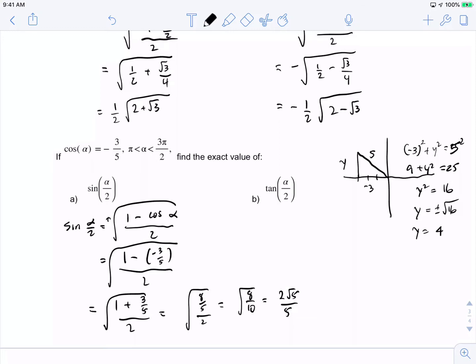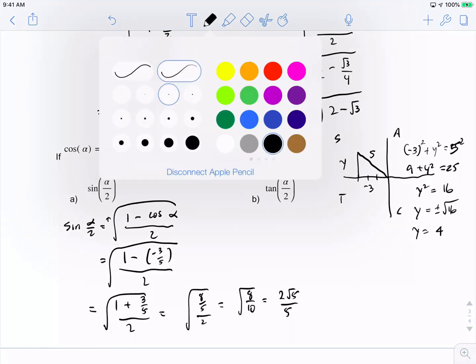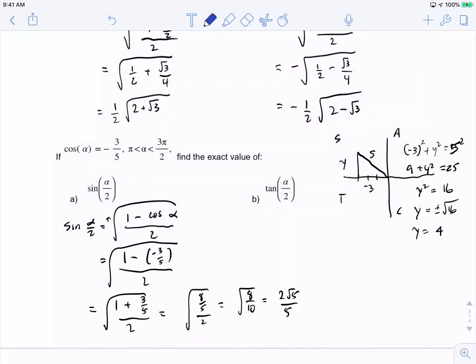Okay. Our next problem is the tangent. And remember, tangent is all students take calculus, so we know we're going to be negative. Since we're negative, let me do this in a different color so you guys can see. I'll do it in blue.